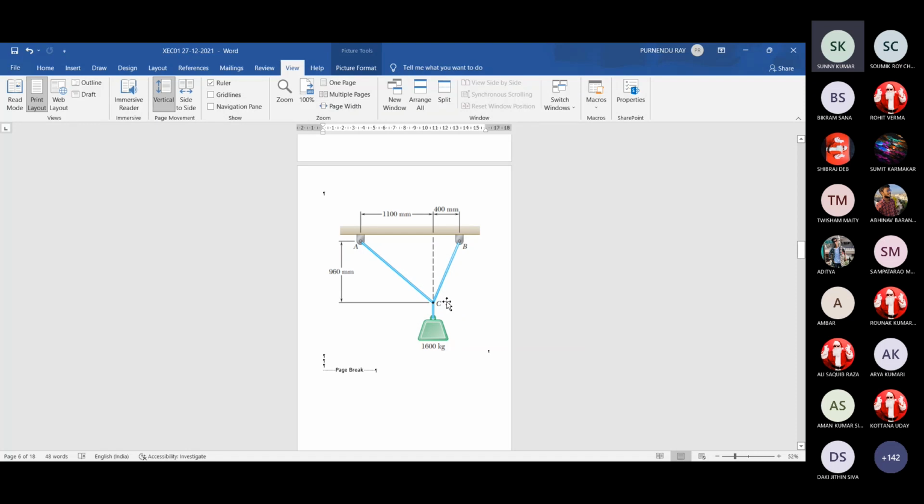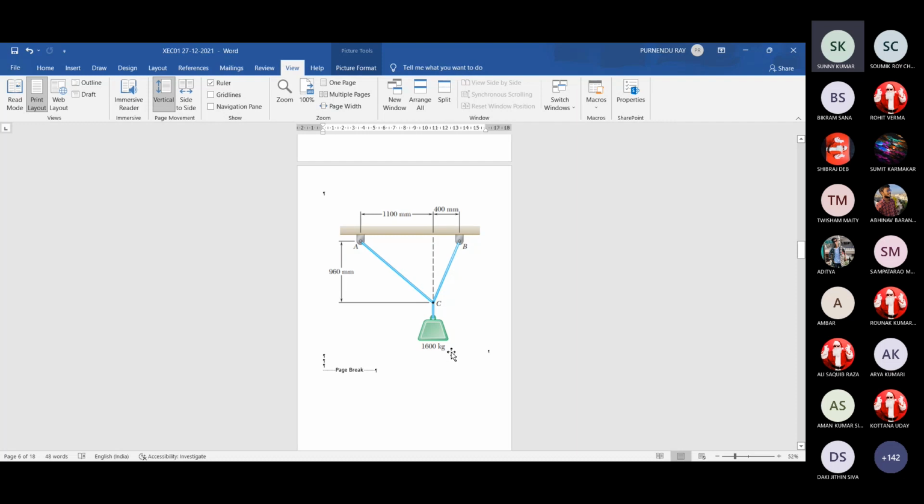Now when we isolate this joint C or the point C from this system and draw its free body diagram, it means show all the forces acting on this point C. You start with the given force corresponding to mass 1600 kg.